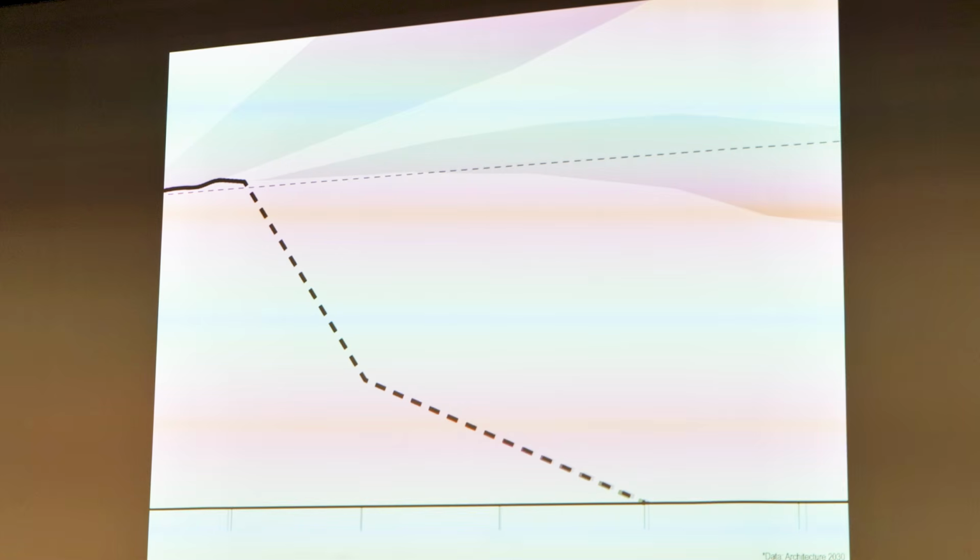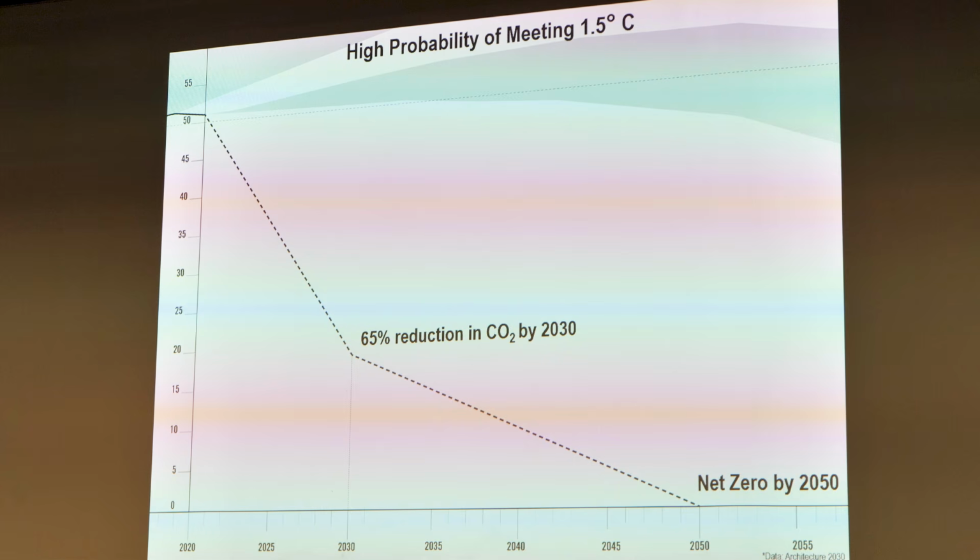So what are we going to do? If we want to keep the amount of global temperature down low enough, we have to reduce the amount of carbon we're putting into the atmosphere. Projected in 2020, the argument was by 2030, we have to reduce globally, by the way, all CO2 by 65% to maintain a living chance of keeping below 1.5 degrees Celsius global temperature.